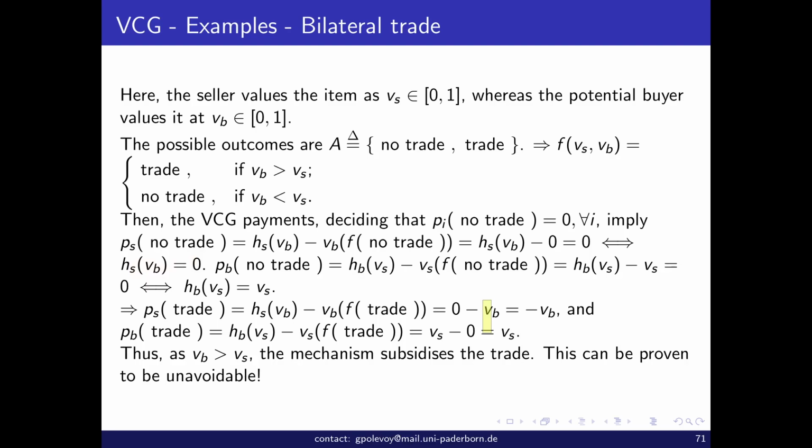So the seller has to pay minus vb. It means that it gets paid as expected, but not her value, but rather the value of the buyer.